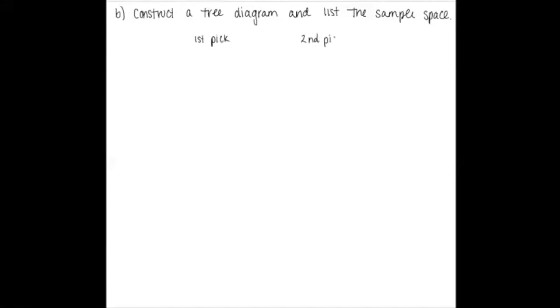So for the second part, we want to construct a tree diagram and list the sample space. So ultimately, we want to see what that first pick is, and then our second pick, and that will tell us the sample space.